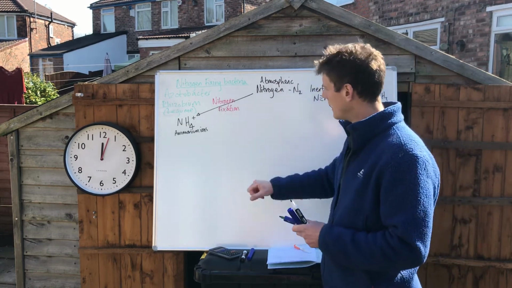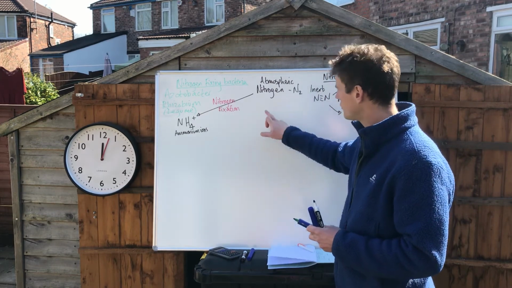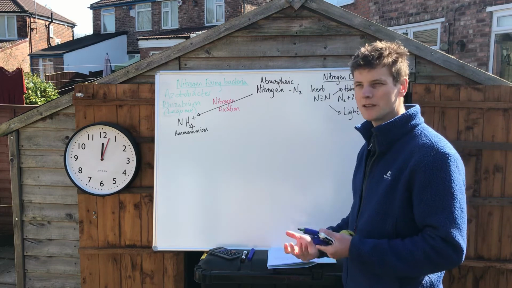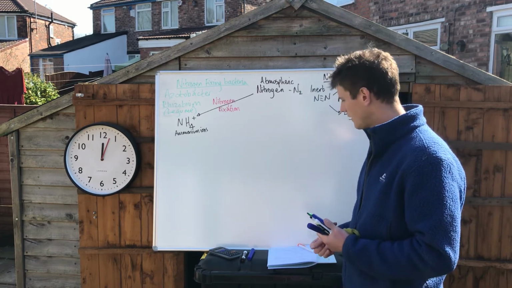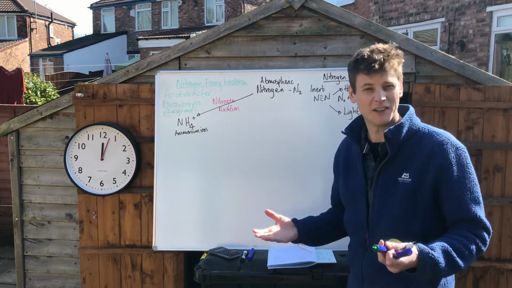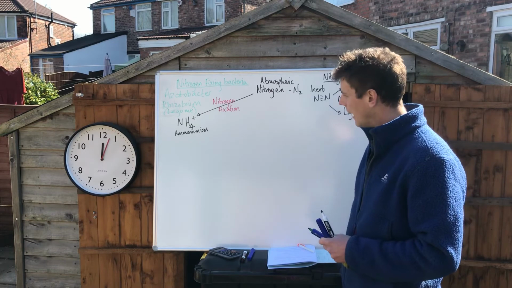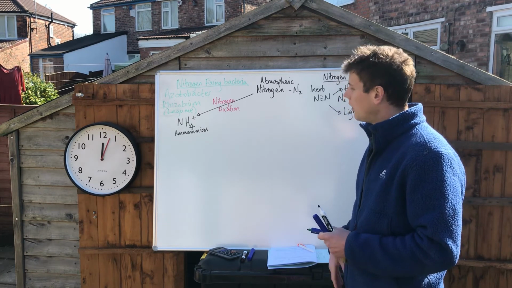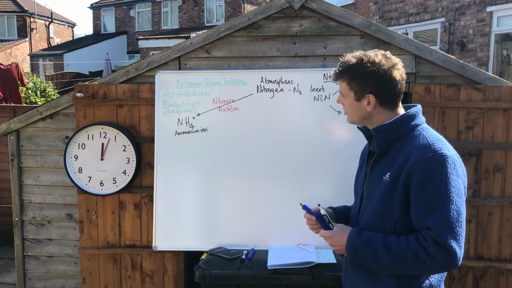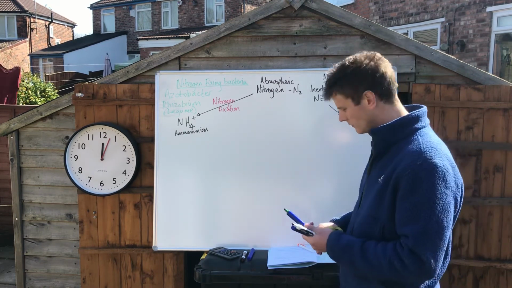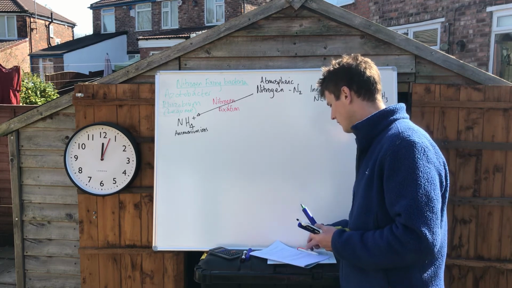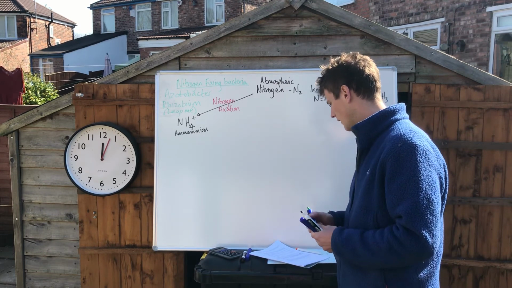Now these make nitrogen into ammonium ions, but ammonium ions aren't particularly useful, to plants anyway, so they need to be oxidised into nitrates, and that happens in a two-part reaction. Okay.